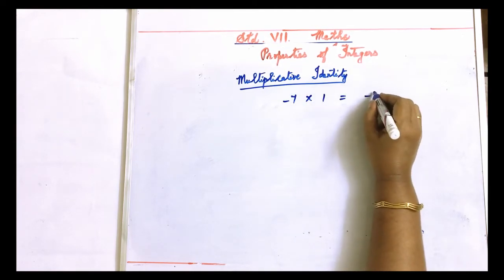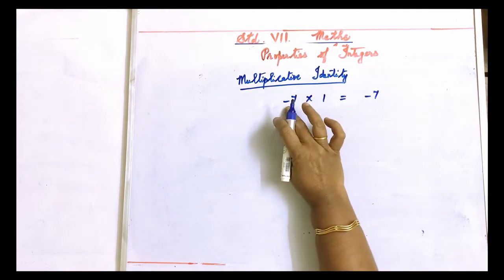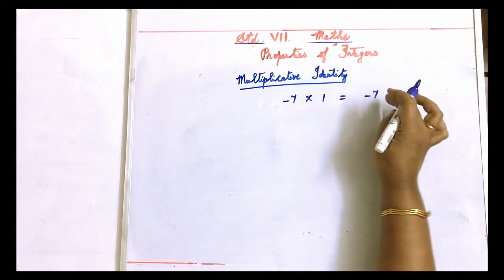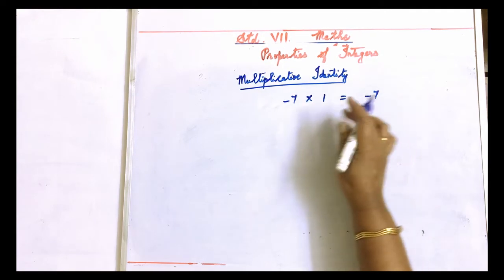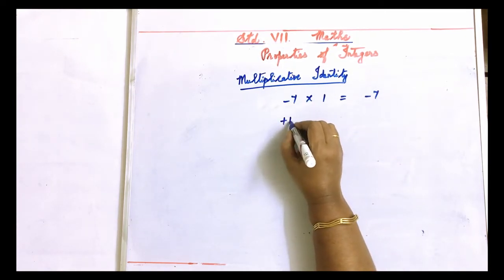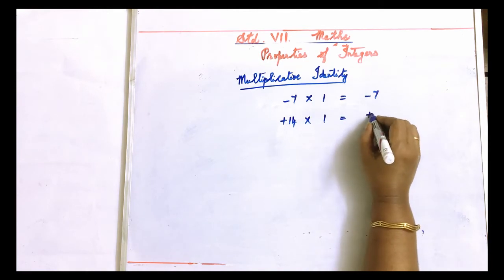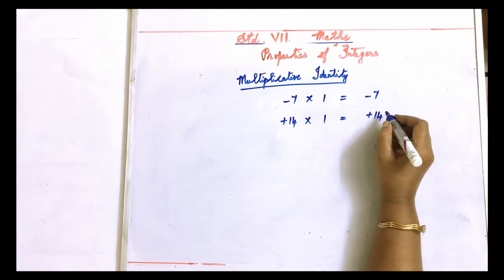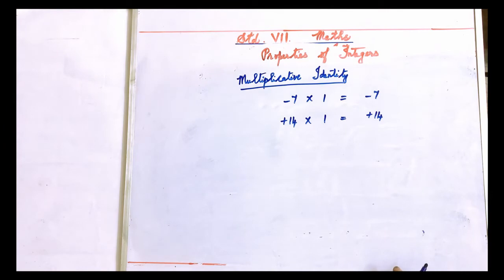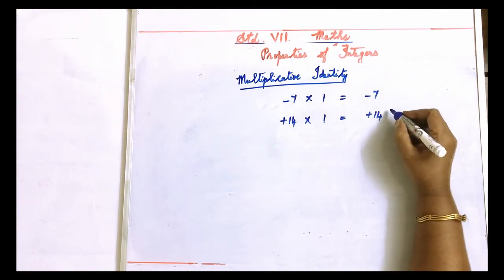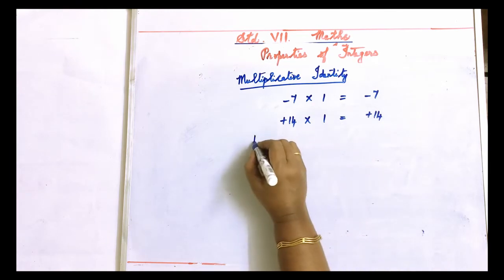So minus 7, a negative integer, if you multiply by 1, we get the same integer. If you take some other integer, plus 14, and multiply by 1, we get the same integer plus 14. So if you multiply any integer by 1, the integer does not change. It is not losing its identity. So here 1 is called the multiplicative identity.